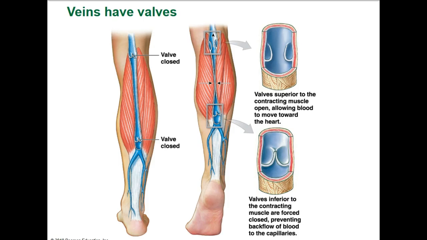Okay, so this picture shows some of these veins and that valve orientation as we were just discussing. And you can understand that if you had backflow of blood, it would naturally push down on these folds and close them.